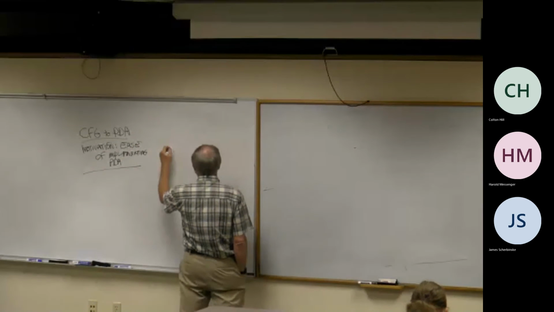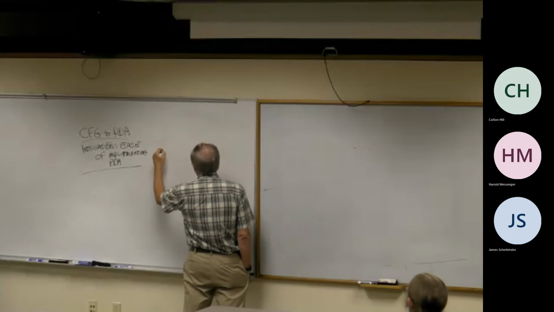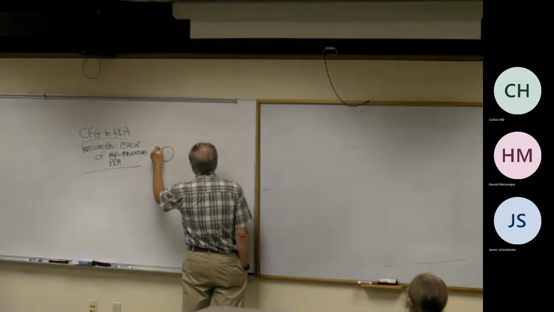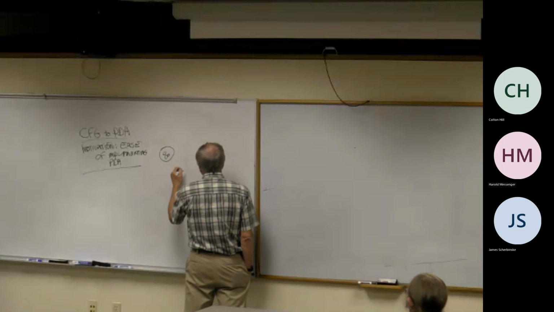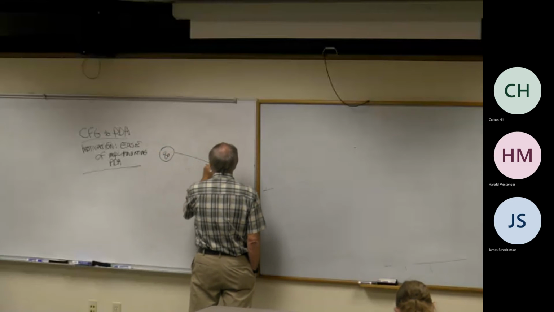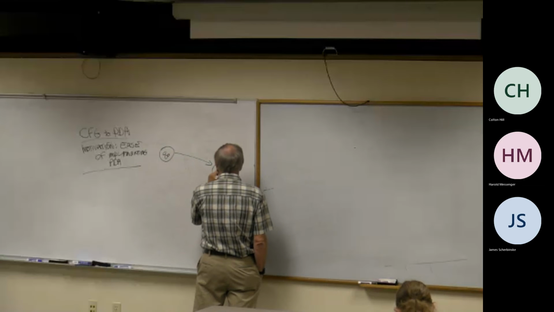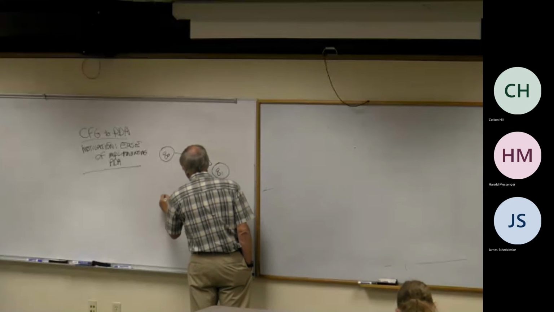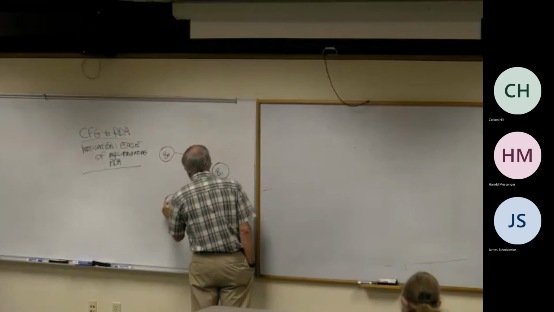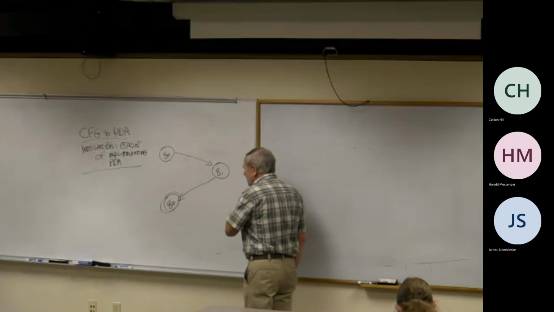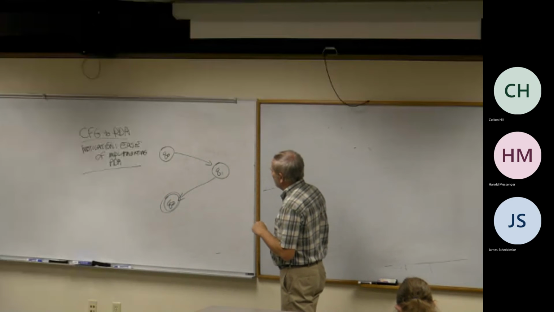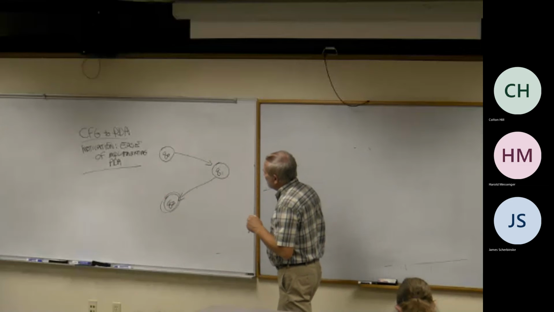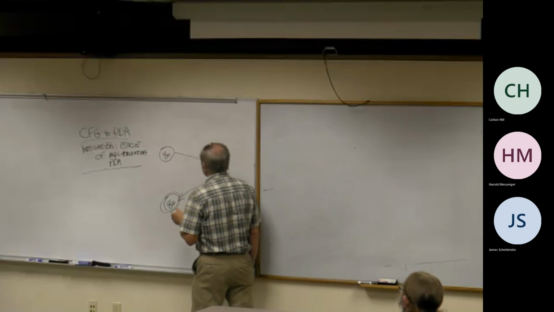I'm thinking of a CFG. Our generic PDA only needs 3 states, one of them being the accept state. And so this is always going to be the same. What are we going to do?